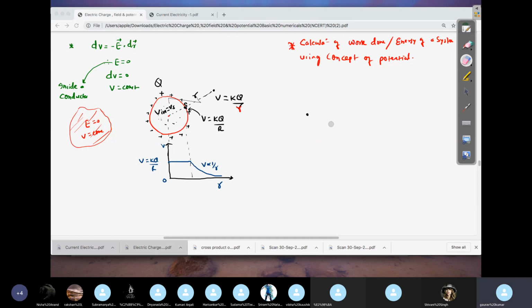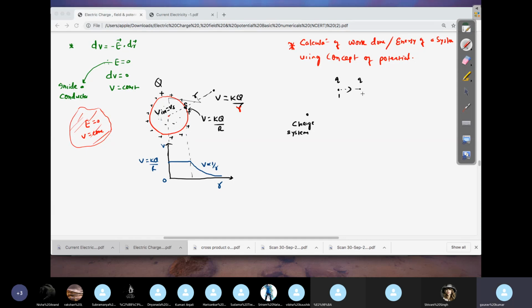The system can be a single charge or a group of charges. So you have a charge system here. Now you have a charge Q which is moving from this point to this point.